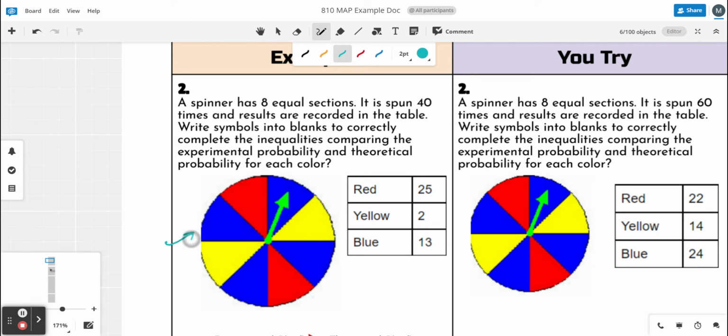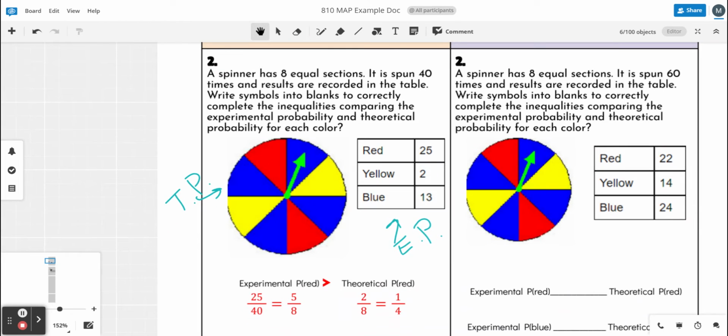The spinner picture represents your theoretical probability, and the table represents your experimental probability. The first one asks for red.